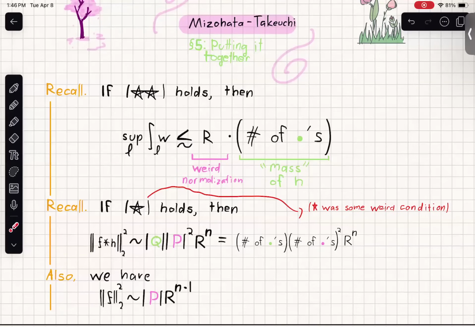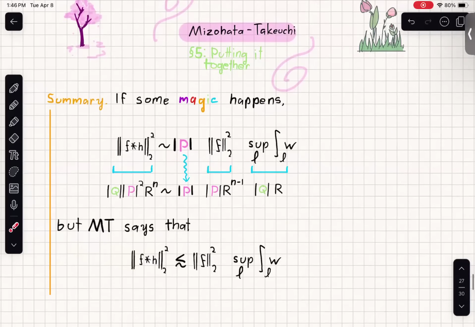So in section 4, what we just did is we concluded this bound, we estimated this in terms of this, and in section 3, we estimated this using another combinatorial argument. And we can forget what star was for now. It was some weird condition that was somehow vaguely related to lattices and convolutions, but whatever. We should be able to write everything down and compare it at this point. So that's what we can do here.